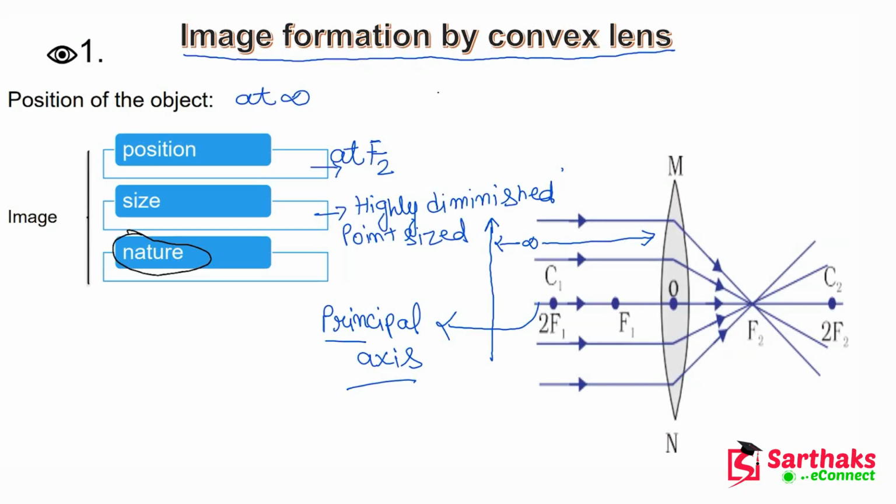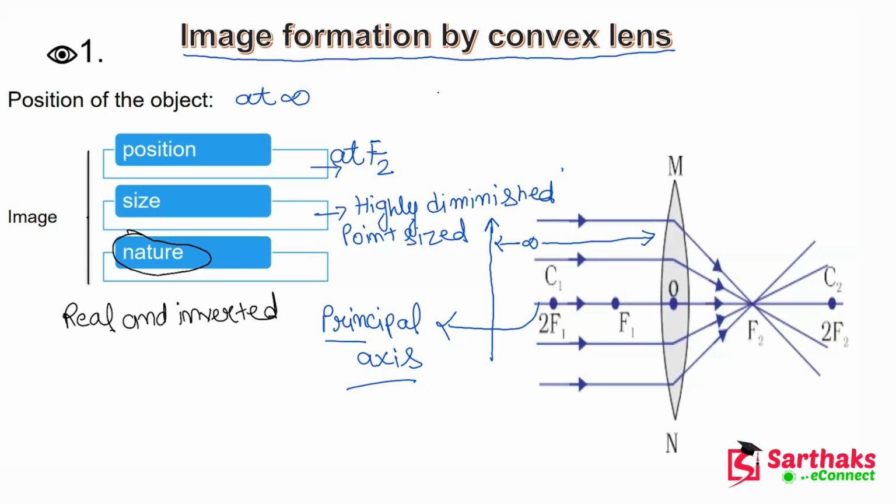If they are actually meeting, it means the nature of the image is real, and real images are always inverted. But had it been an image where the rays only appear to be meeting, they are not actually meeting, then our image would have been virtual and erect.